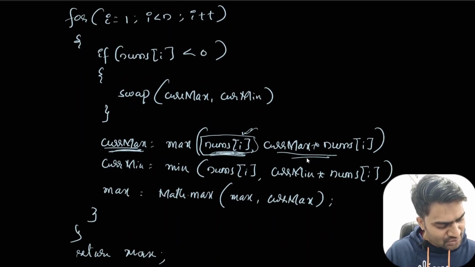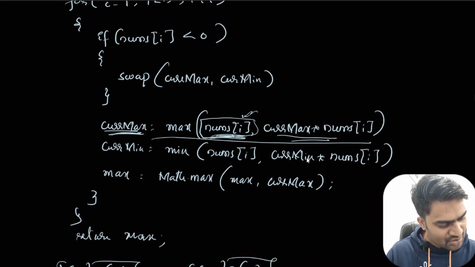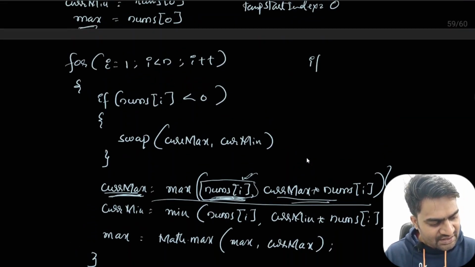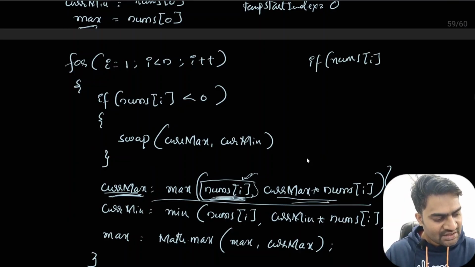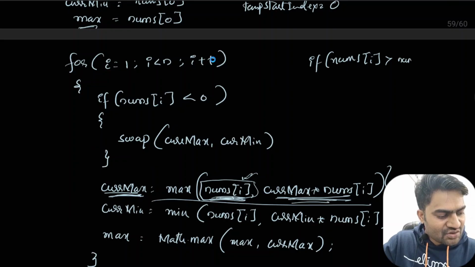Now I will make a small modification at this particular point. Instead of this one, I will check if nums of I is greater than nums of I into our current max.